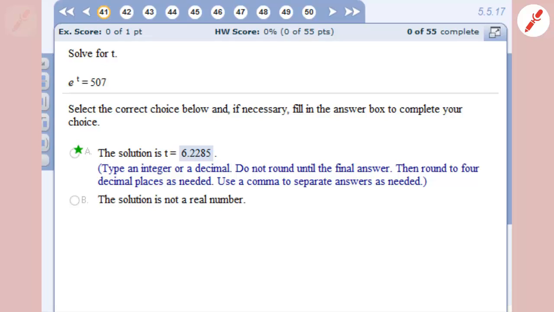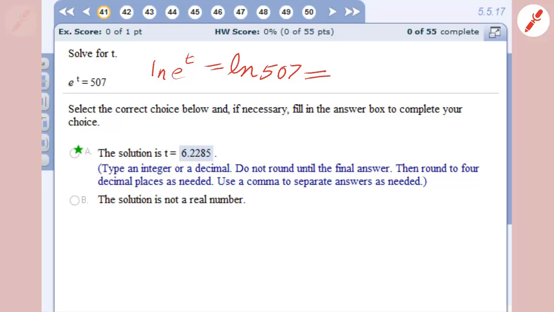Aha! E. We're using E. Whenever you have e to a power, you want to take the ln, the natural log, of both sides. So I'll take ln e to the t equals the ln of 507.